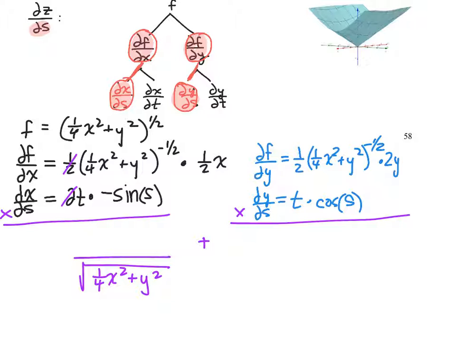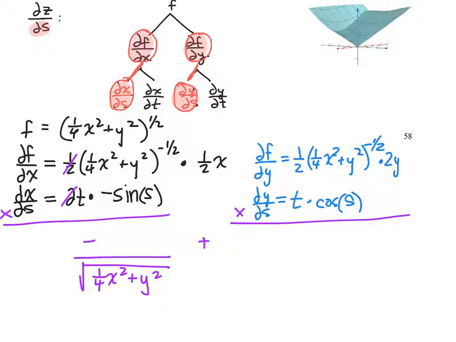It's still going to be painful. There's no way around it. But anything you can do to streamline it is going to make your life a little more manageable. So I have a negative, a t, an x, and a sine of s.